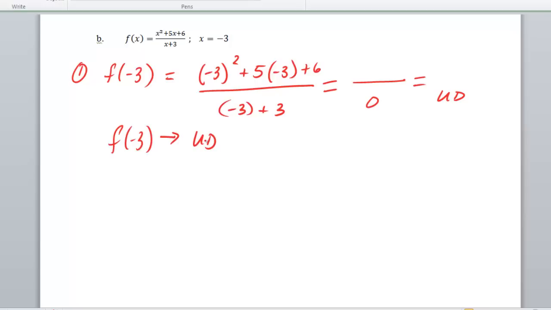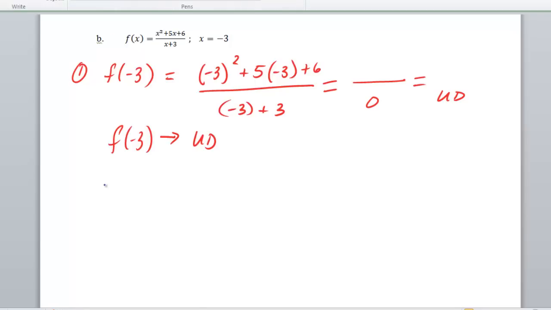Now, we haven't passed the first test of continuity here because it's not defined at x equals -3. So it can't be continuous at -3. And so we basically know that at x equals -3, it's discontinuous.